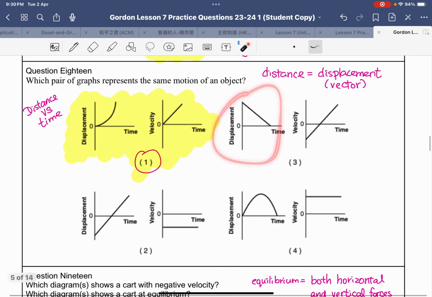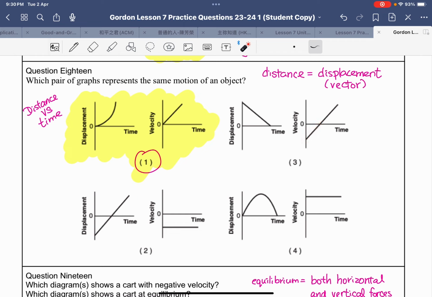Whereas these ones, if you look at this, displacement has been decreasing. So an object has been moving at constant speed back towards its starting point. Whereas this one, velocity started negatively. So that means I have been moving in a certain direction, but then I'm doing it slower and slower until I'm going to start moving in the opposite direction.